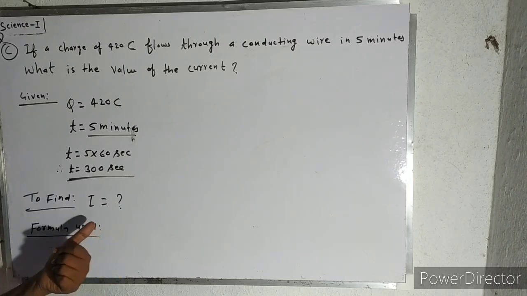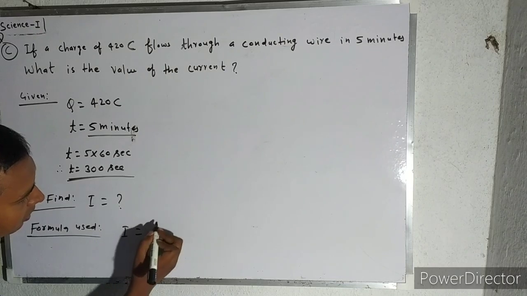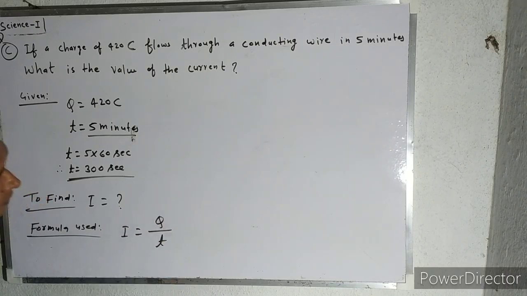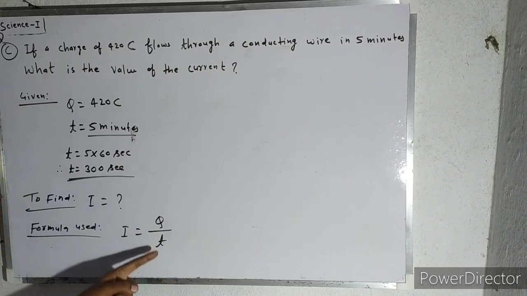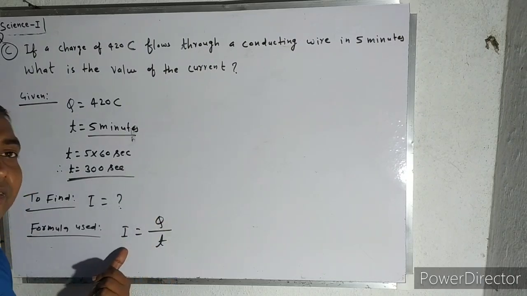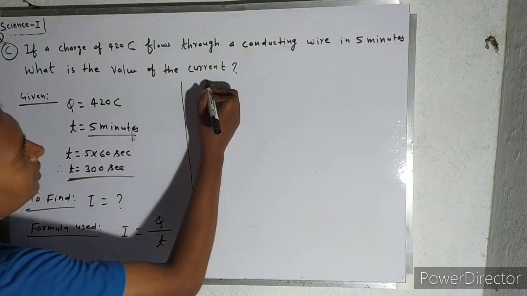Which formula has the relation among Q, T and I? We know that I is equal to Q upon T. Out of 3 quantities, 2 are known, time and Q are known, I is unknown. So we will use this formula. Then solution.